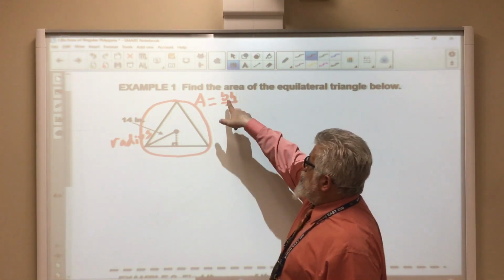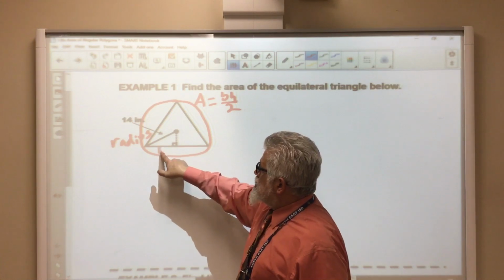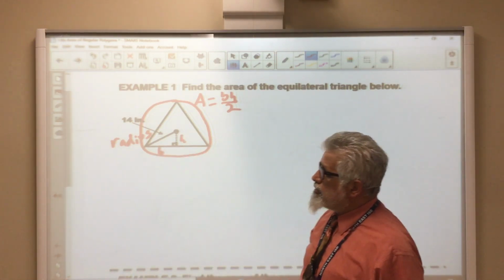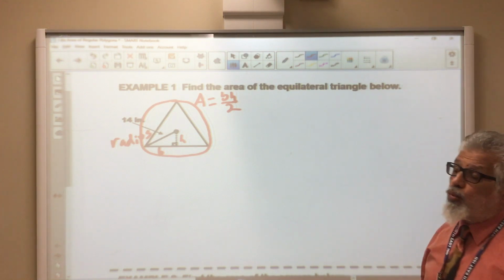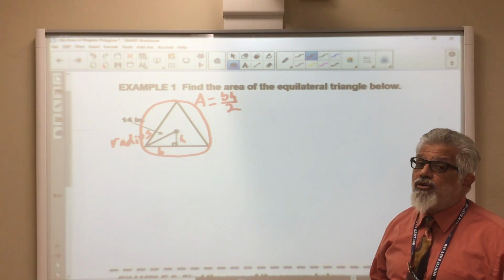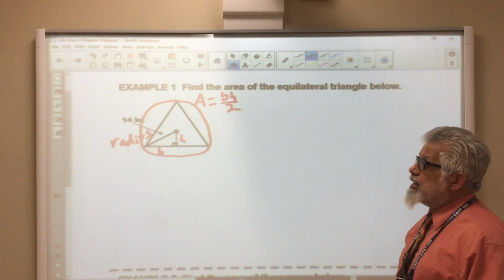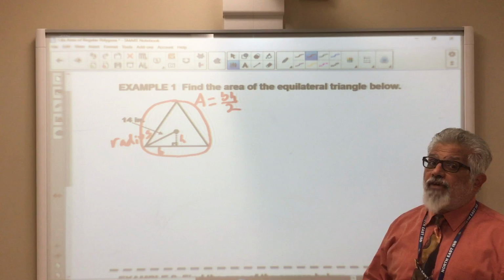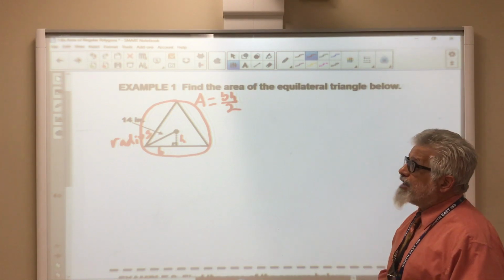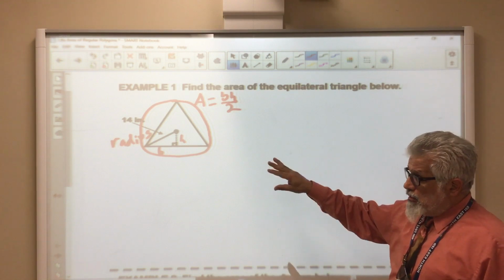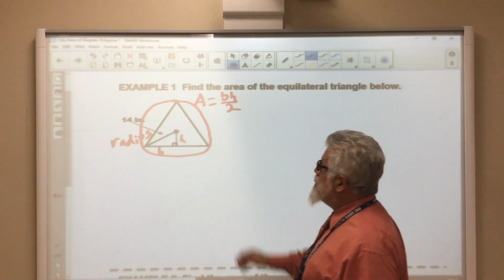So we're going to have to find the base, and we're going to have to find the height of this little triangle. Now, the way we're going to do that is we're going to use what we've learned about the special right triangles. We learned about the 30, 60, 90 and the 45, 45, 90. And based on that information, we're going to find the area of that small triangle.